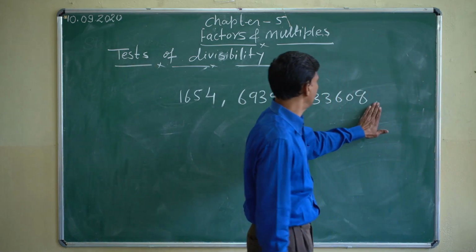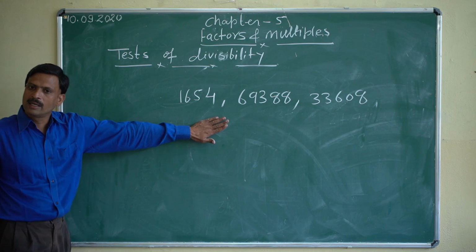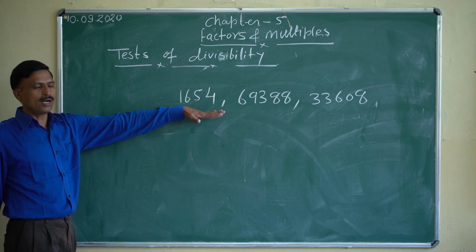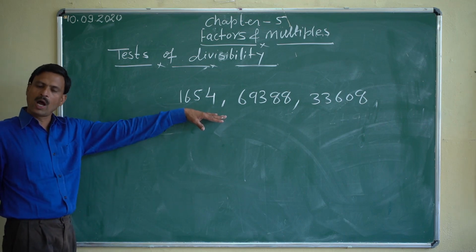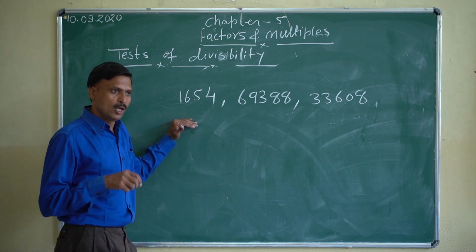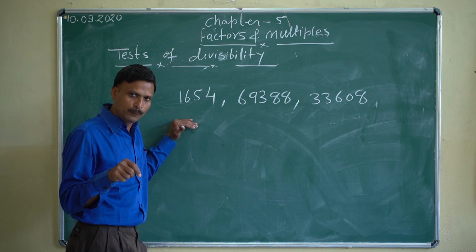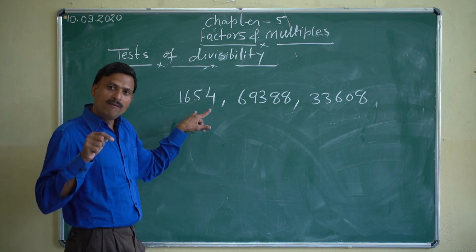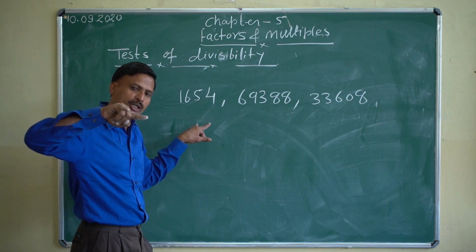Okay, so these few numbers are there, right? We'll find out which number is divisible by 4 and which is not without actually dividing the number. So the rule I told you: the number formed from the last 2 digits of the given number.